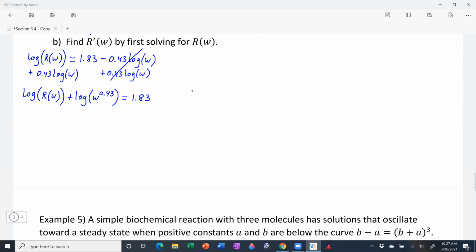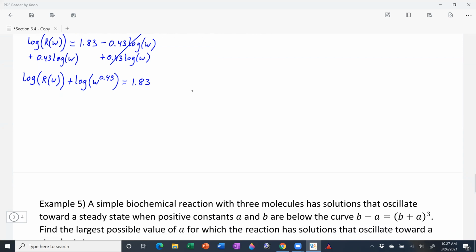If you recall that if you've got a sum of two different logarithms, as long as they have the same base, which these ones do, then you can combine them as a single log with the product of the insides. So we're going to apply that product rule now. So now we're going to have log of, and it's going to be r of w times w to the 0.43 power. Okay, good stuff.